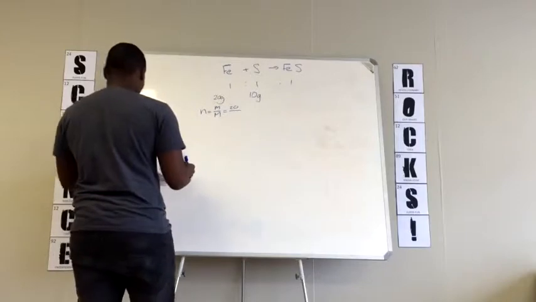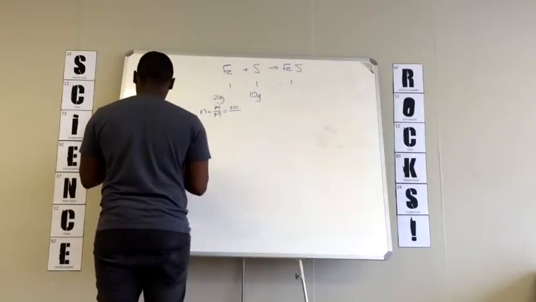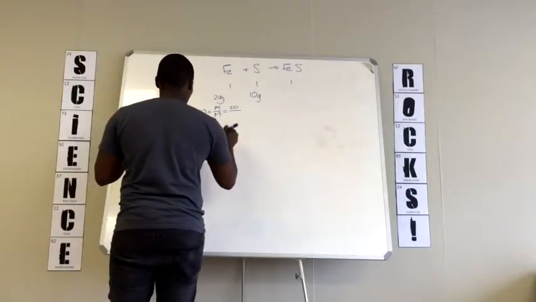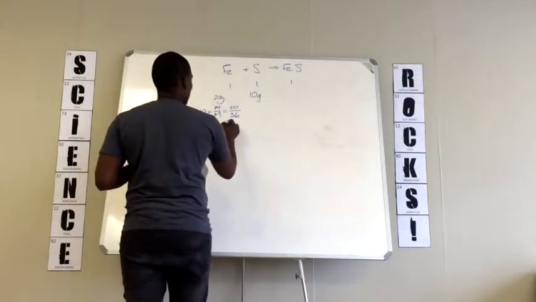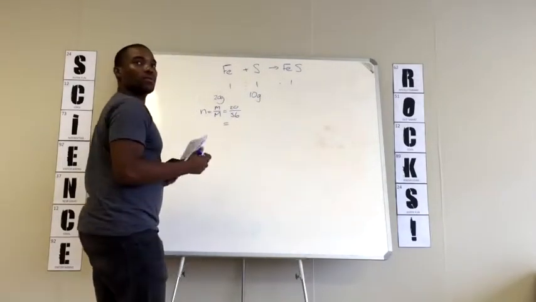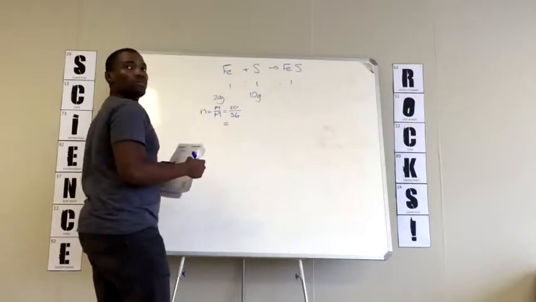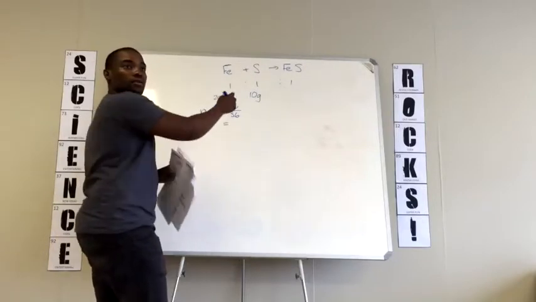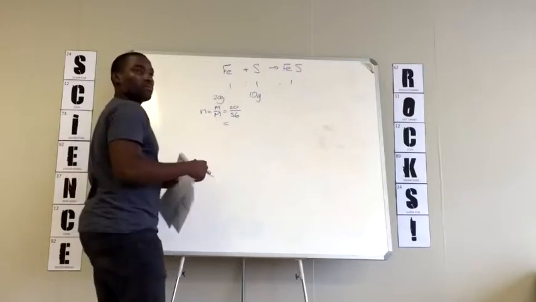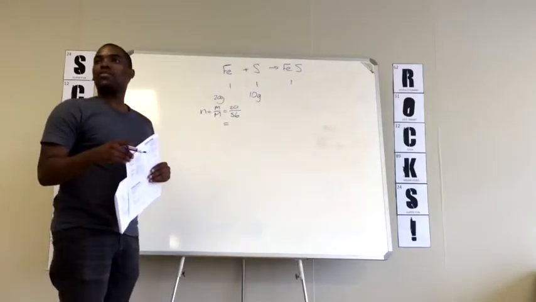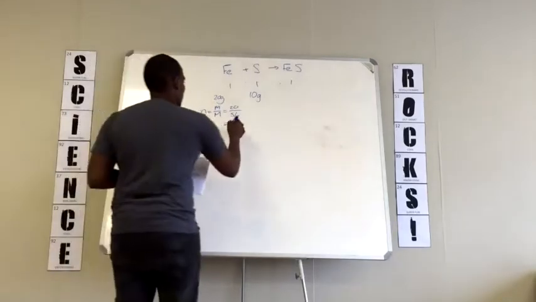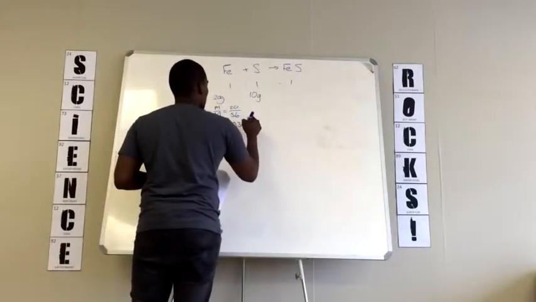Okay. Then we have 56, and then what's that as a decimal? 0.36. Okay. Got 0.36 moles of that.